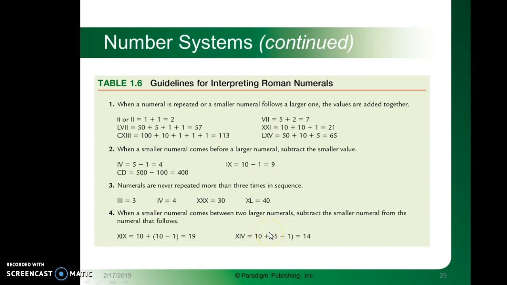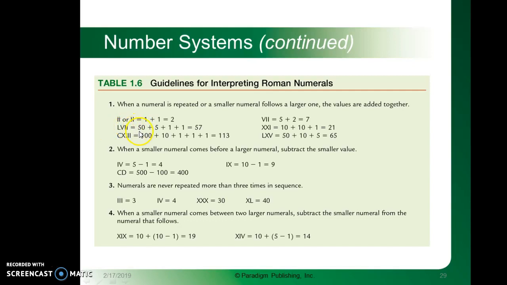And some guidelines to interpret Roman numerals. Whenever a number is repeated or a smaller number follows a larger number, the values are added. In this case, I and I, so 1 plus 1 is 2. LVII: you have a larger value and then smaller ones, so you're just adding.